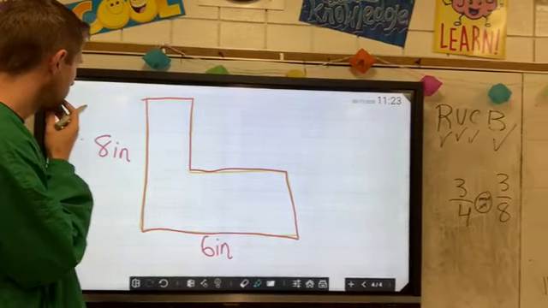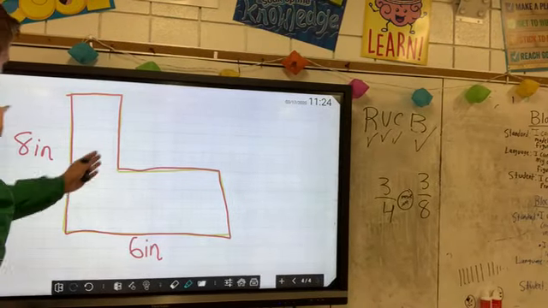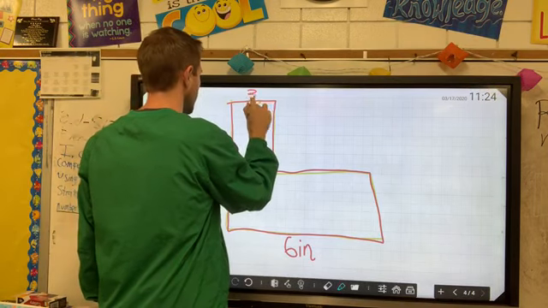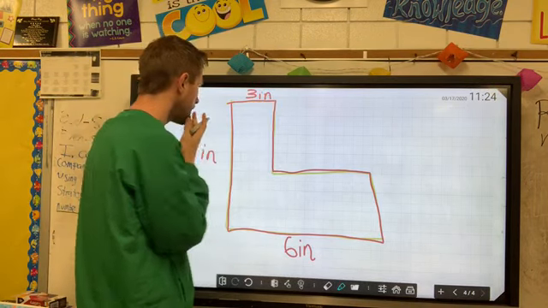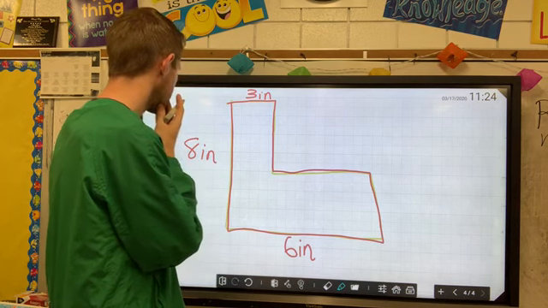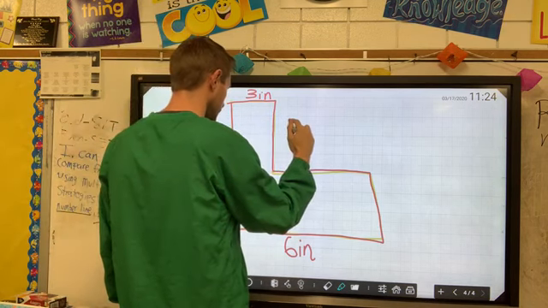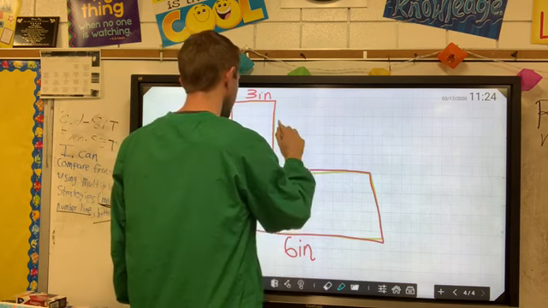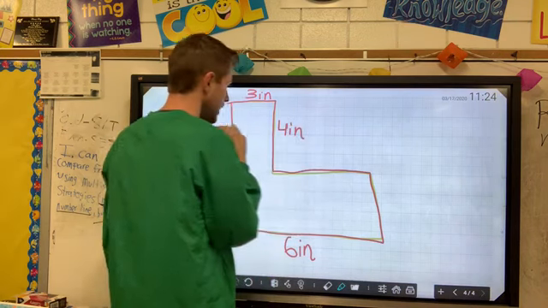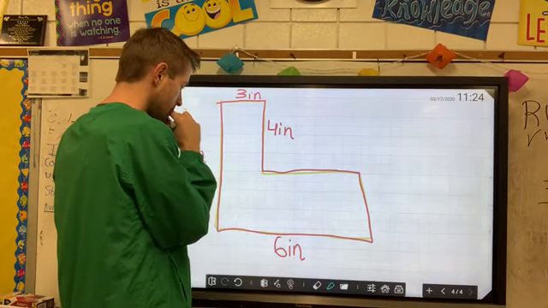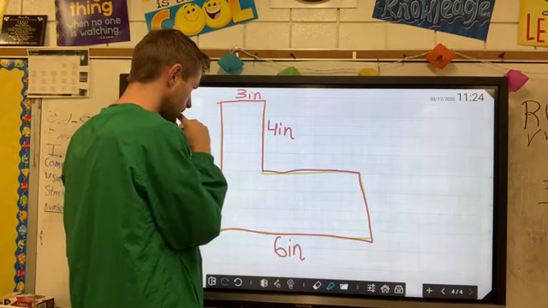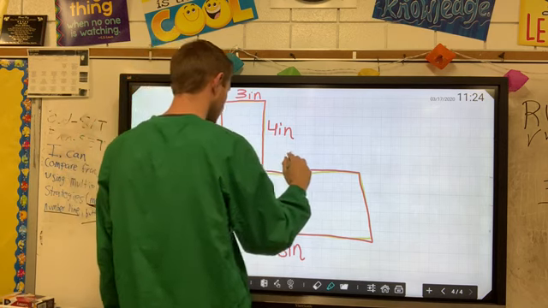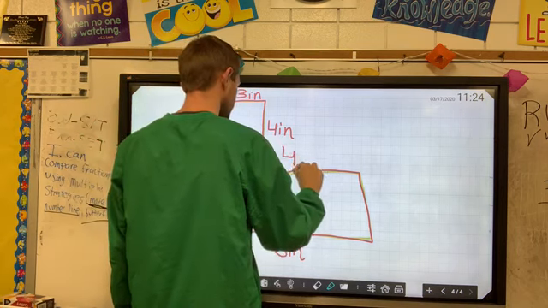And let's say that this is 3 inches up top. And over here, that looks to be half. Let's say we have 4 inches here, and let's say we have 4 inches here.